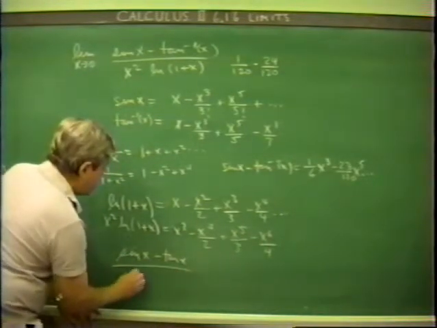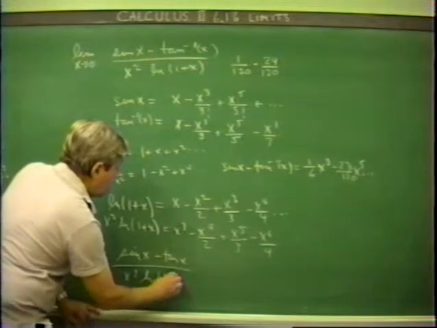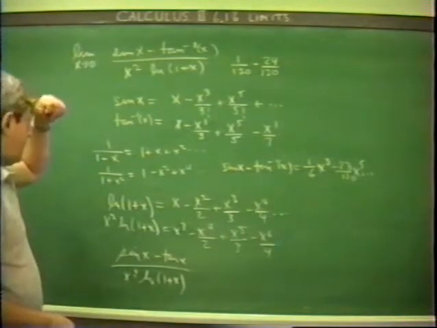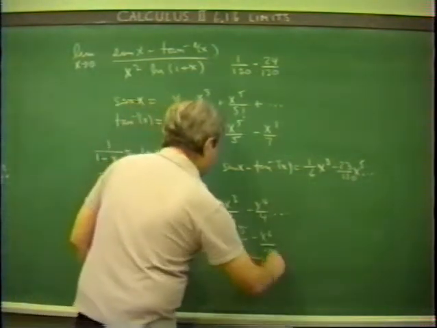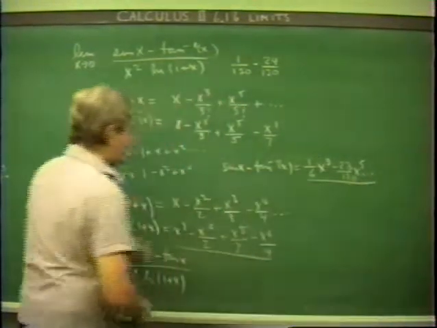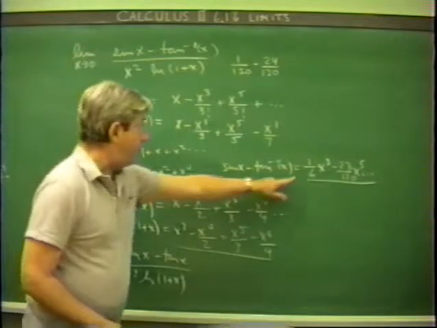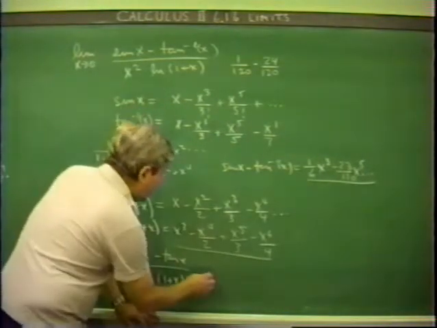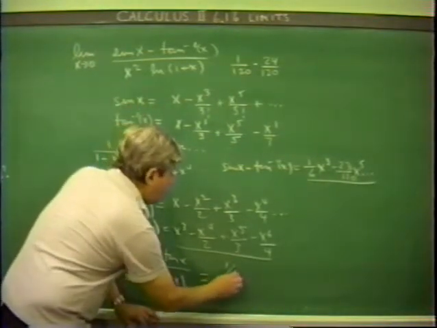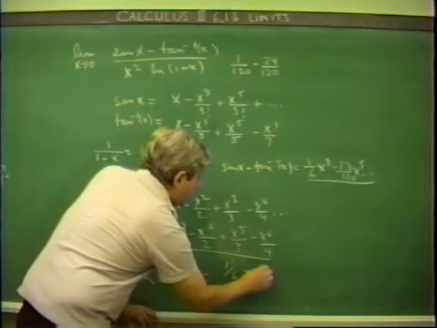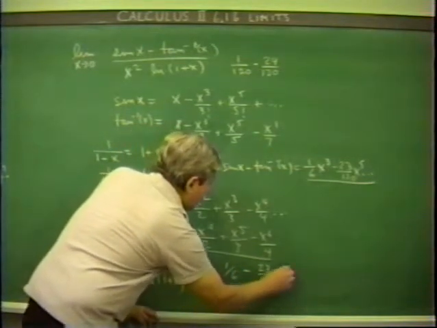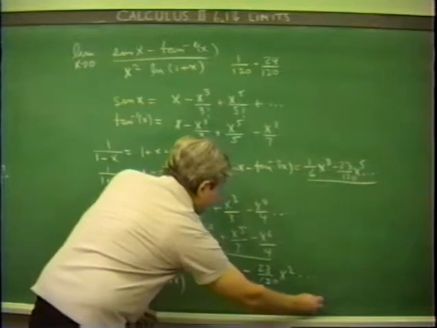And now, if we take our function up here, sine x minus tangent inverse of x over x squared log of 1 plus x, and we write it as the ratio of these two power series, we're going to be able to divide x cubed out of the denominator and out of the numerator. So let's do that.